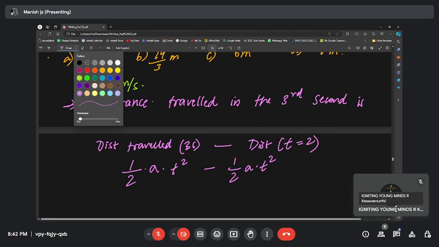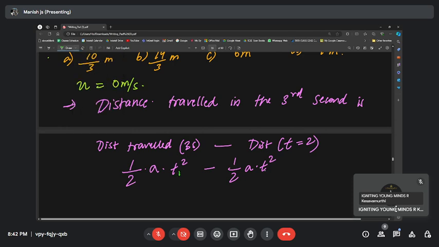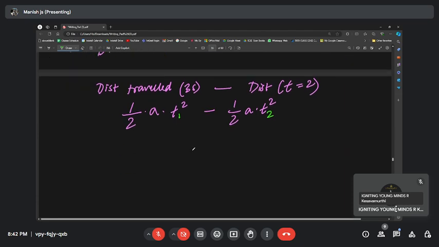Let me take it as t1 and t2 to differentiate. So t1 is 3 and here t2 is 2 seconds. Simplifying, you get 1 by 2 times a, where a is common, the acceleration term, into t1 squared minus t2 squared.